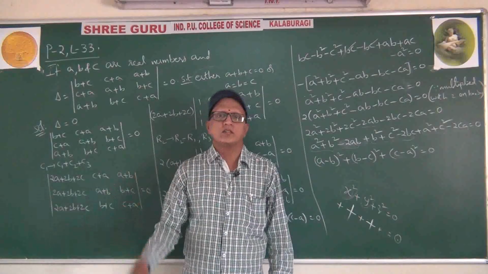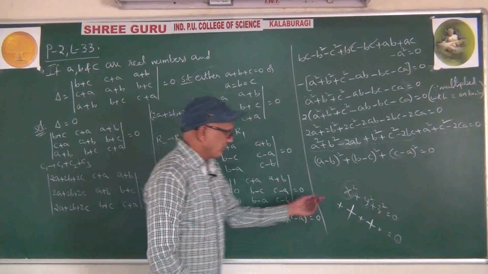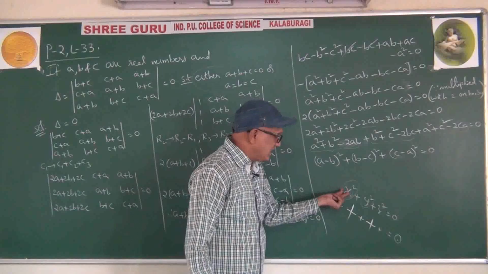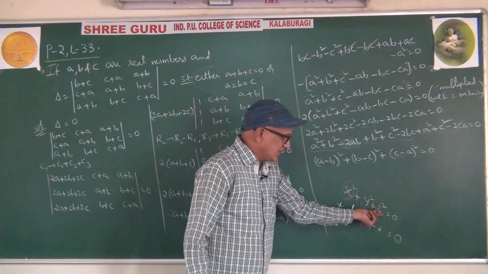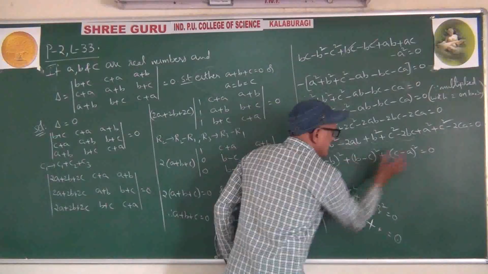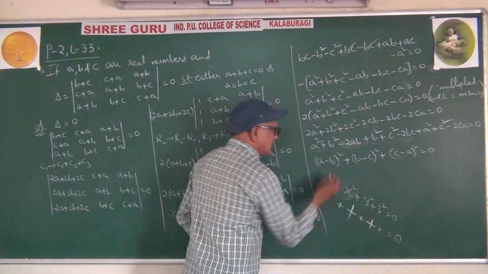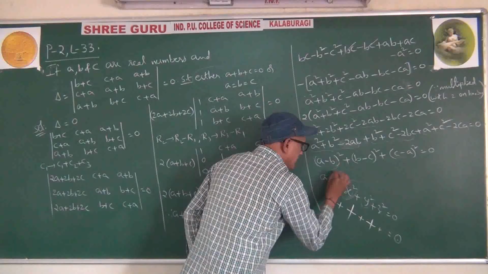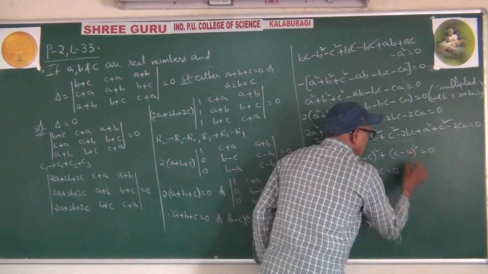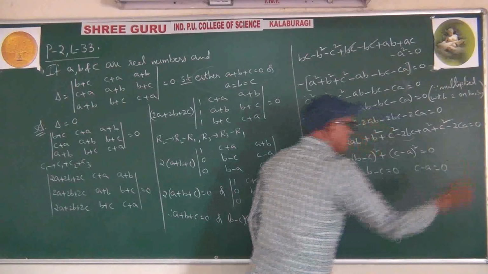No, nothing only. Right? Same way, 0 plus 0 plus 0 equal to 0. If it is 0, if it is 0, if it is 0, then only the sum will be 0. Square of something, square of something, square of something equal to 0 means this is equal to 0, this is equal to 0, this also equal to 0.